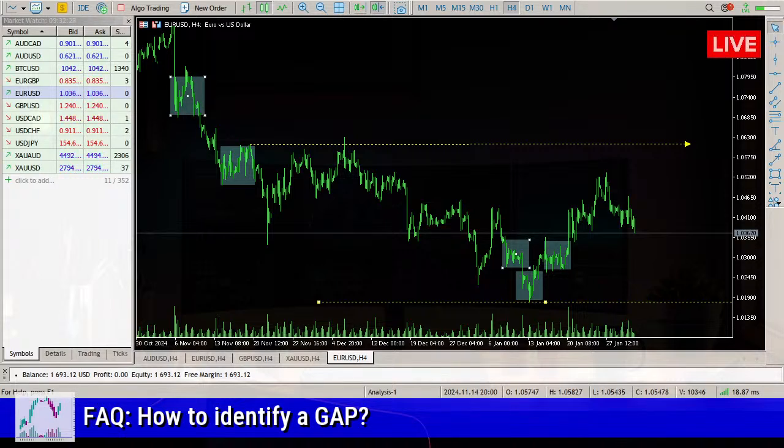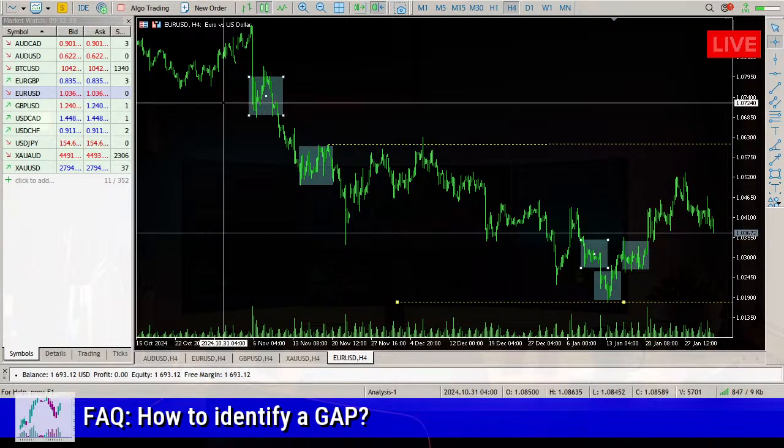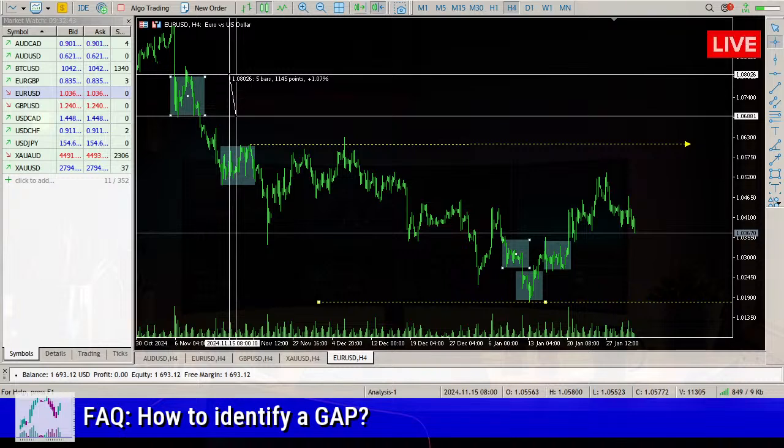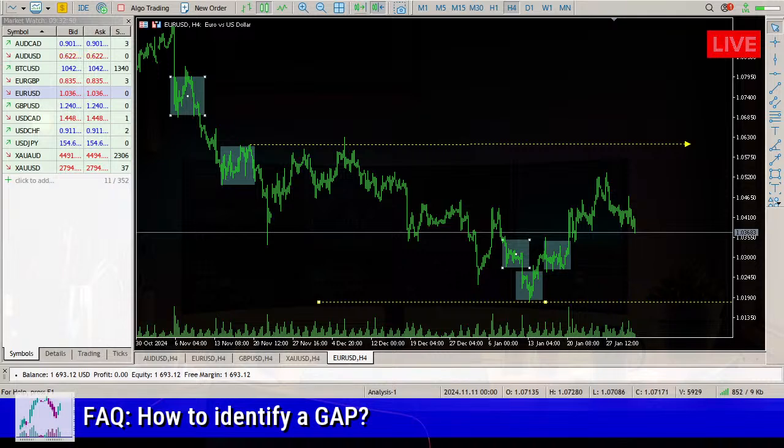It should be more or less the same. So we know for the 4-hour chart there is a market range about this size, about 120 pips around here, more or less.